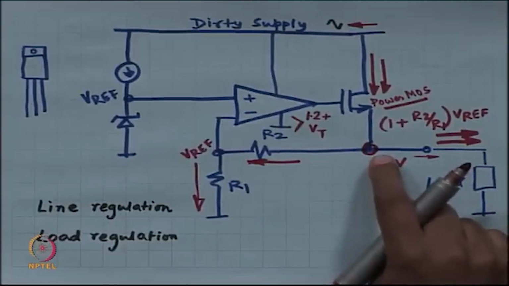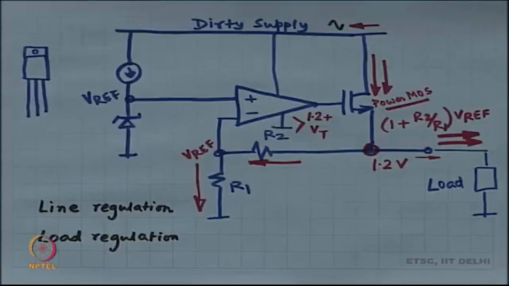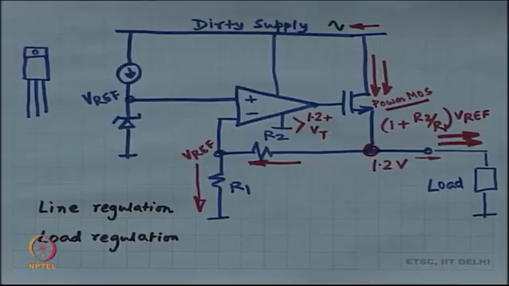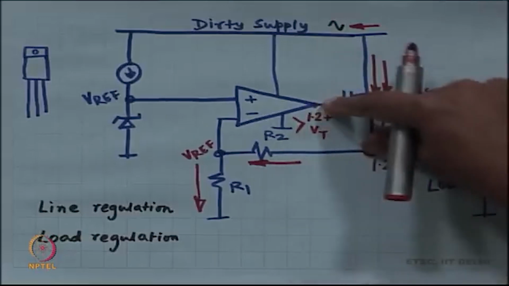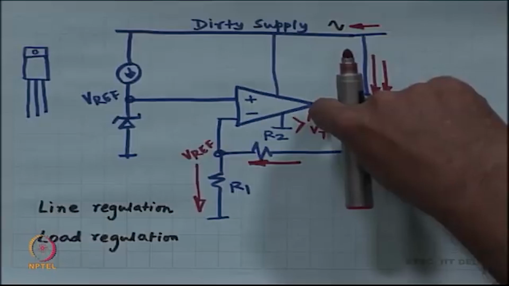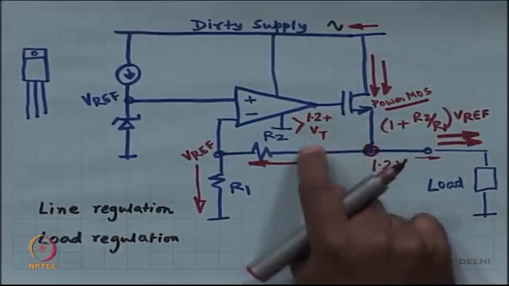The most optimistic situation is when the power MOSFET is really large, such that the amount of current drawn out through the power MOSFET requires absolutely no VGS minus VT, which means that VGS of this power MOSFET is equal to VT. Most optimistic, which means that the voltage at the output of the op amp has to be 1.2 plus a VT.